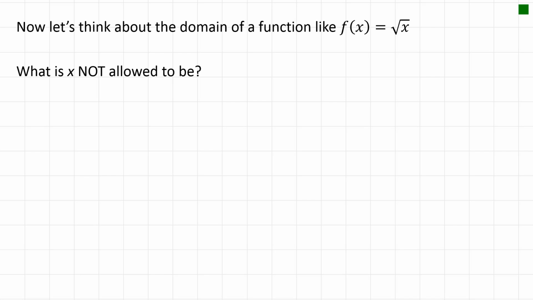But we're talking about radical functions in this lesson. So now let's think about the domain of a function like f of x equals the square root of x. What is x not allowed to be? What are you not allowed to take the square root of? And the answer is x can't be negative.